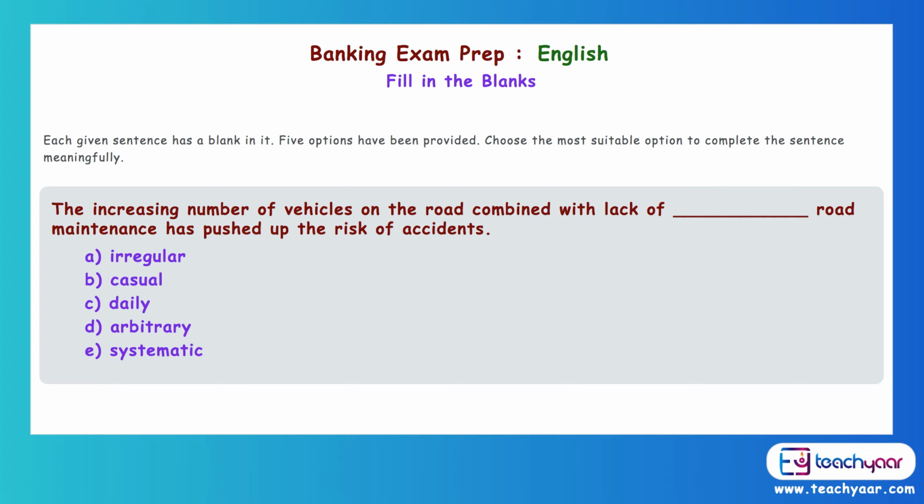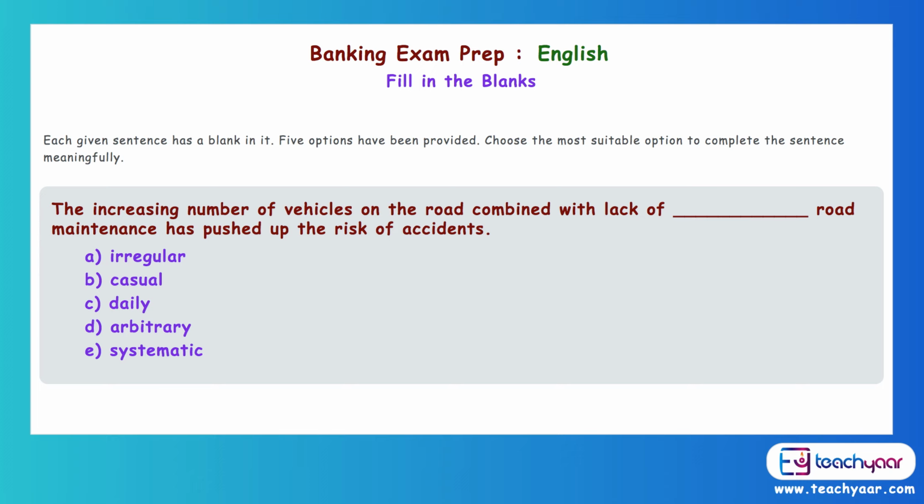One issue is that the number of vehicles on the road is going up. Combined with, that means apart from that, there is one more problem. What is the problem? Lack of dash road maintenance. So because of this, what has happened? What is the result? It has pushed up the risk of accidents.